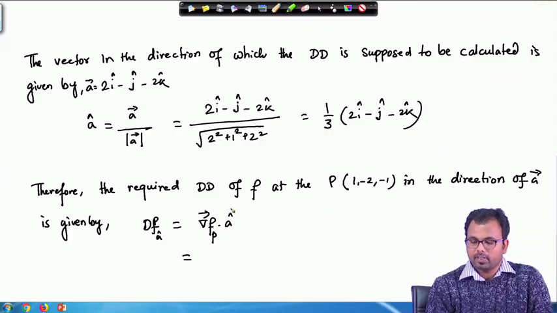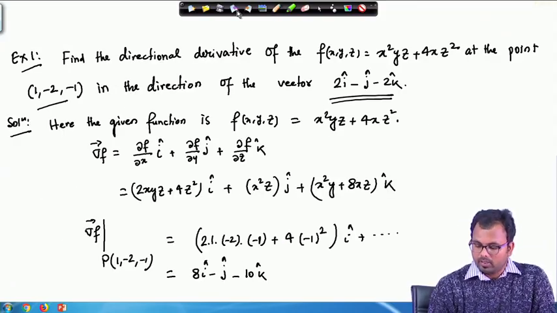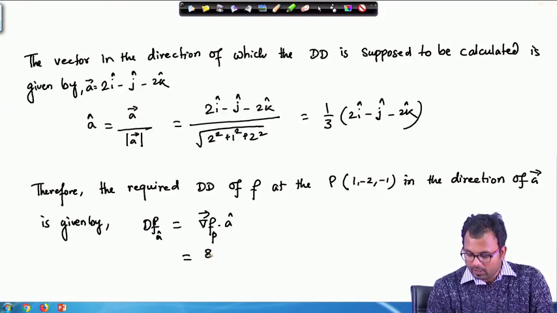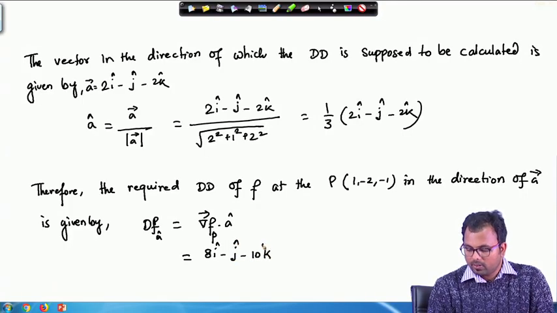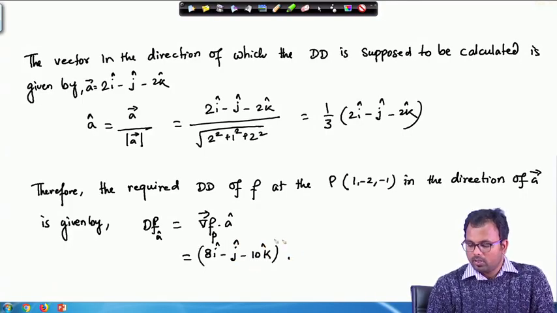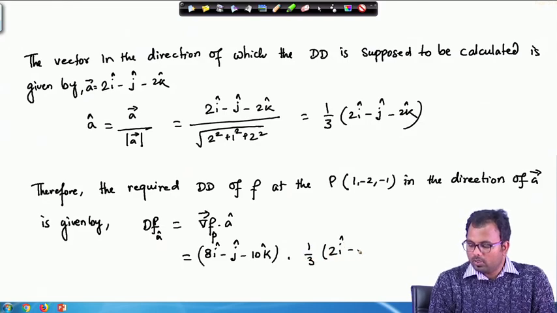Now, gradient of f at the point p is given by 8i minus j minus 10k, dot a cap. A cap is 1 by 3 times (2i minus j minus 2k).